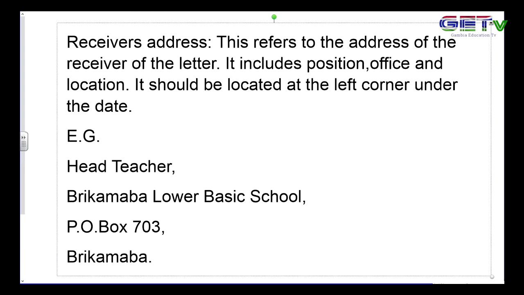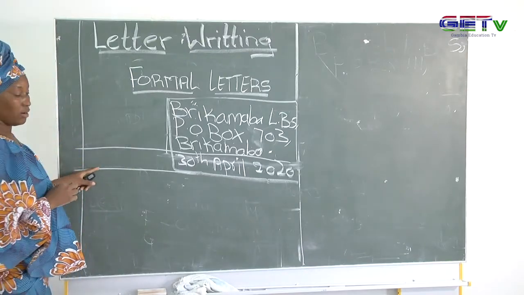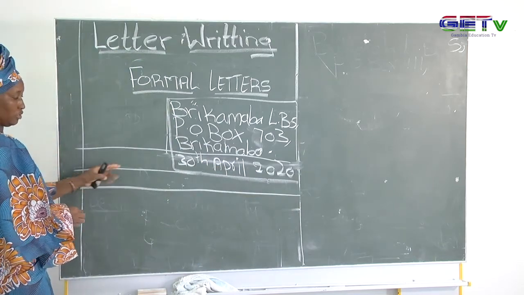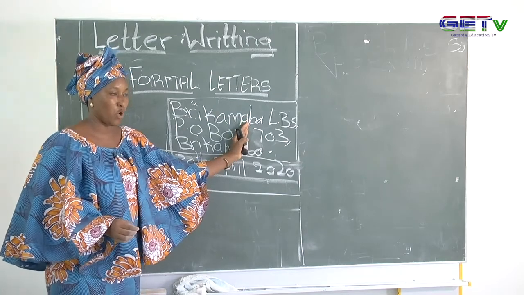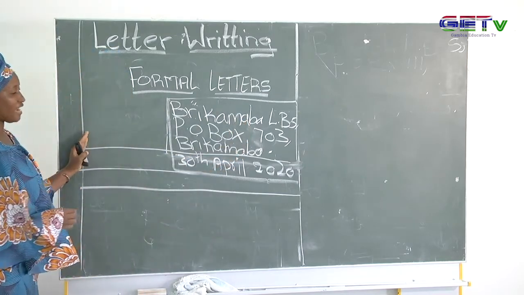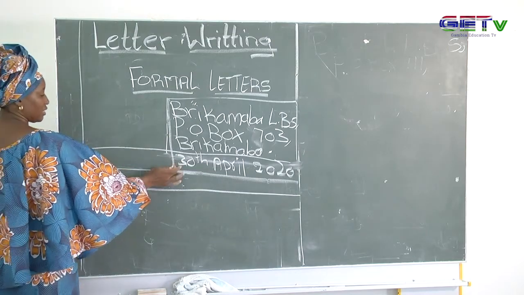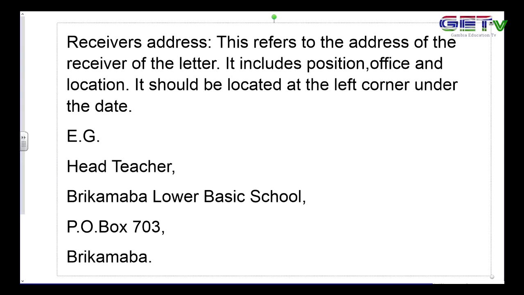Your date is here, you the writer, at the top right corner, but the receiver's address will be at the left corner under the date. Don't put it on the same line with the date. At least leave that line, go down and put the receiver's address.